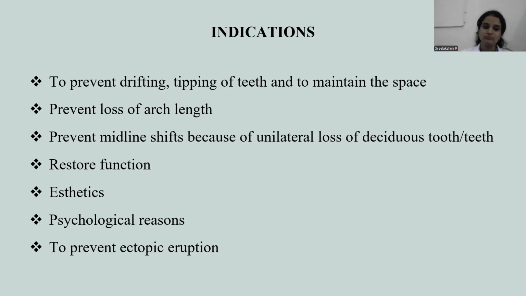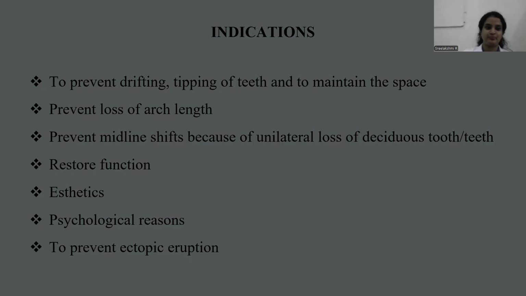The rest are function and aesthetics. Restoring function is mainly possible with a functional space maintainer, not with other space maintainers like fixed non-functional ones. We cannot restore the function with those, but it still is an indication for space maintenance. Aesthetics, psychological reasons, and prevention of ectopic eruptions.